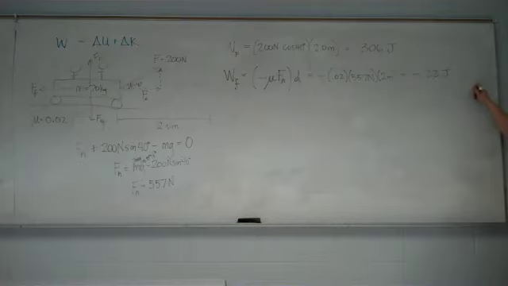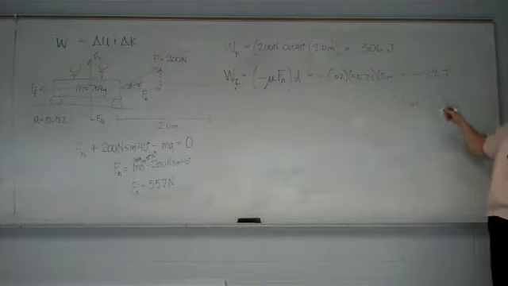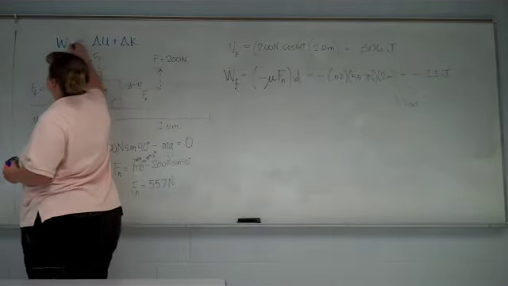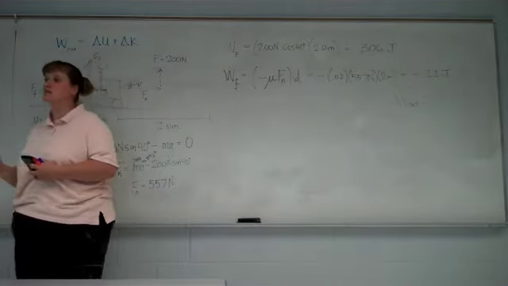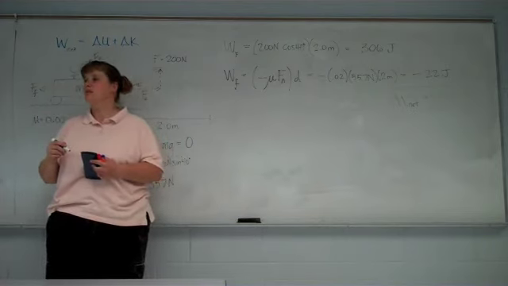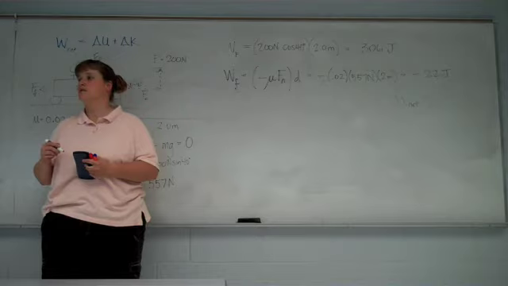What the system does overall with that equation over there depends upon the net work done. This equation, work here, is the net or total work done by those external forces. Just to clarify, the only reason that the normal force didn't equal the mass times gravity is because of the y component of the handle.